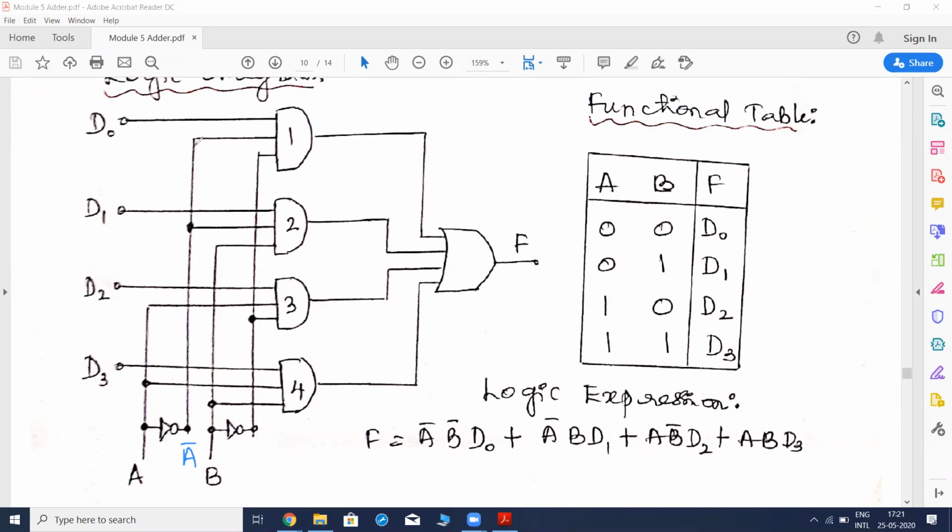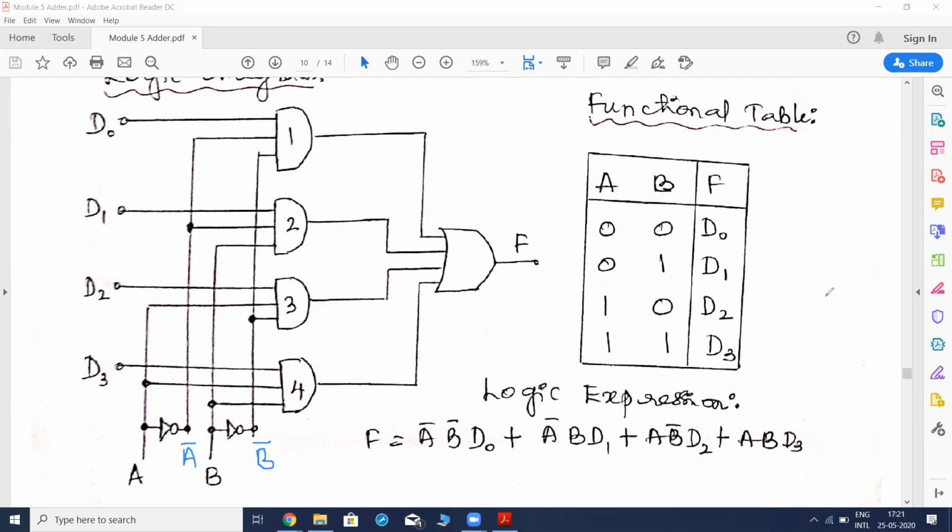So for D0, we connect A complement. Here A complement is being connected. For B also it is complement because it is also 0 over here. So take B complement and connect it to the first AND gate. So the connections for D0 are over.